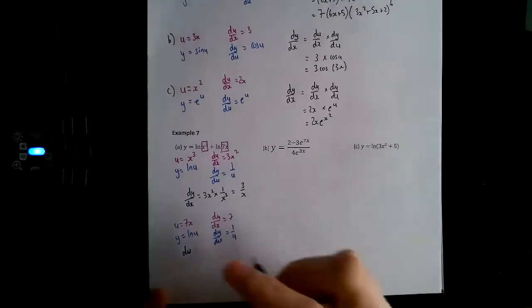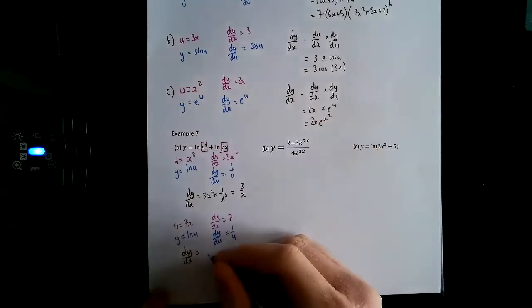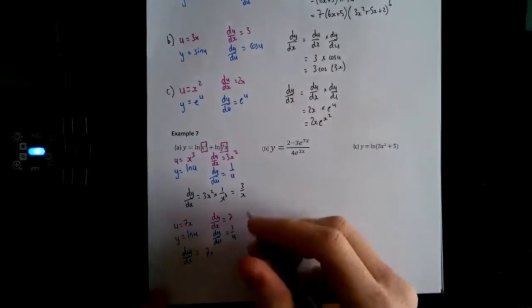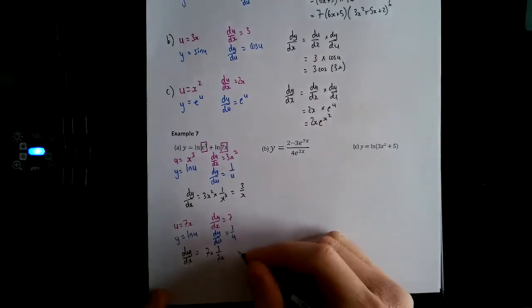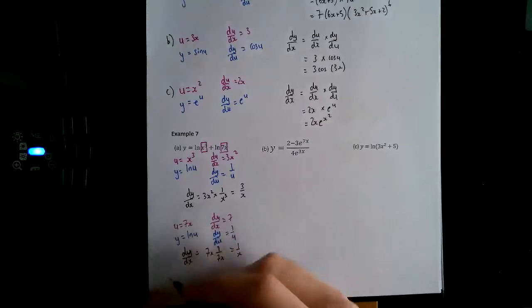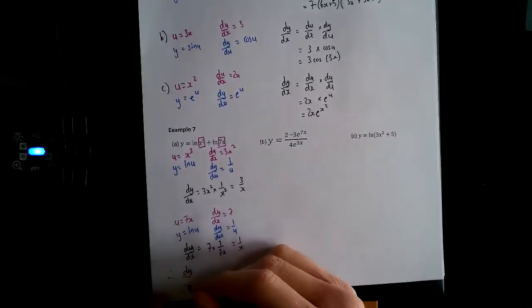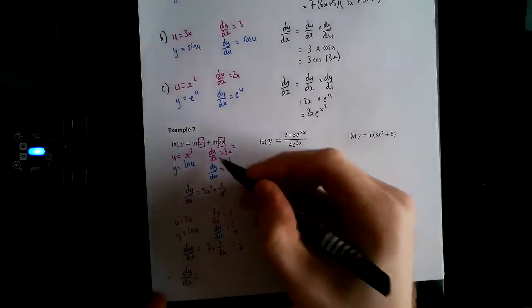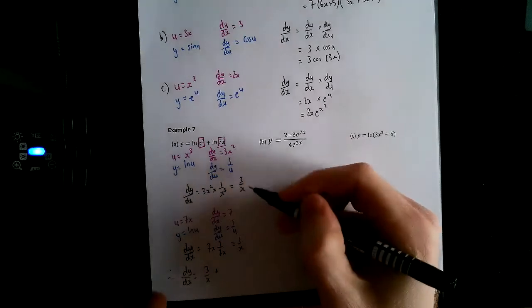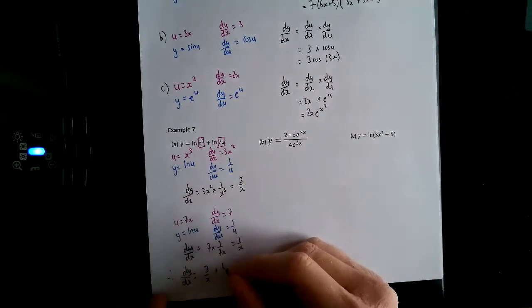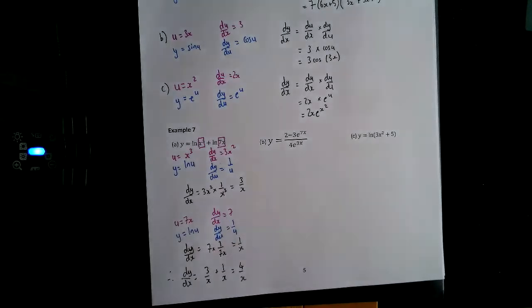So dy by dx for this one would be 7 times 1 over u, so 1 over 7x. And the 7s will cancel out, so I just get 1 over x. So my final answer, dy by dx, is, well, my answer for the first bit was 3 over x, plus my answer for the second bit was 1 over x, and I can simplify that to 4 over x.